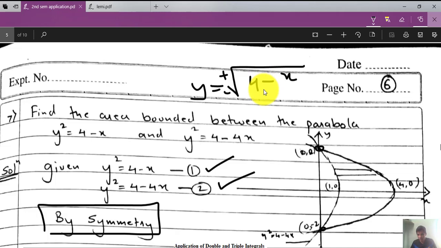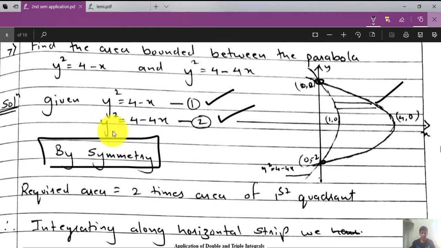And because we are finding area, just to avoid that, the maximum possible value is 4, where y is 0, right? So this is the point 4 comma 0, so this is how the curve goes here and here, right? So this part is over for this equation. Now coming back to equation 2.